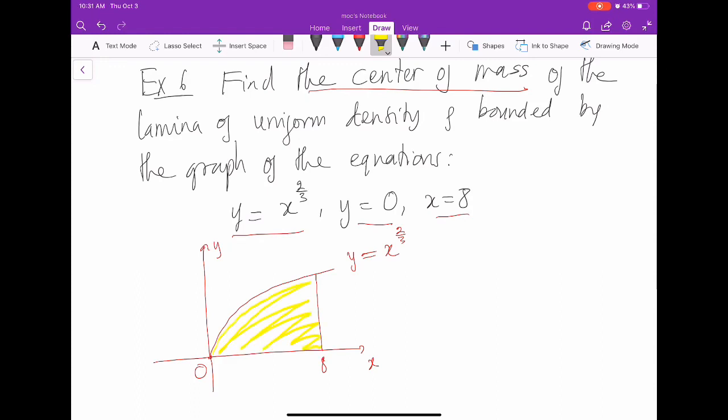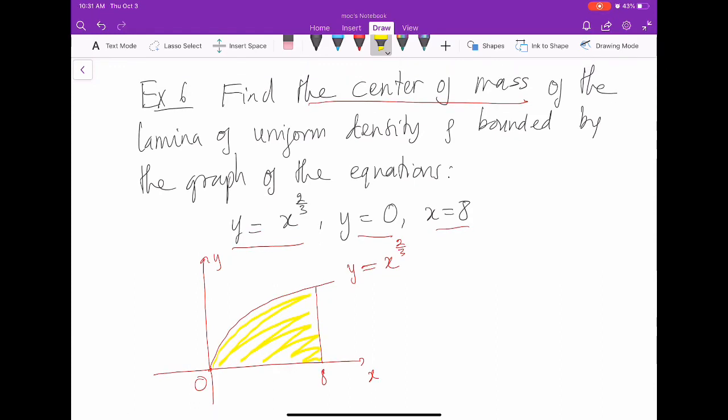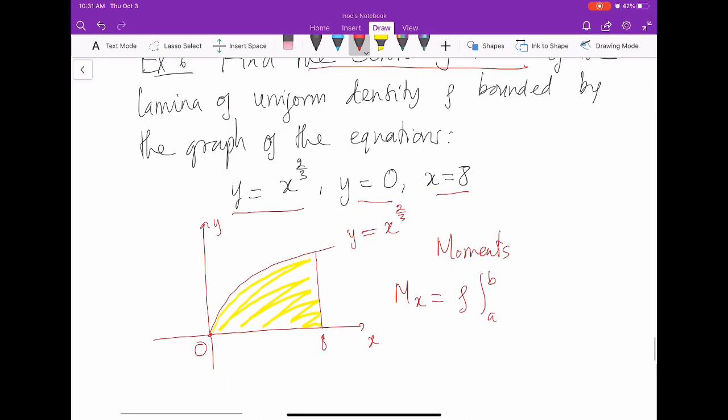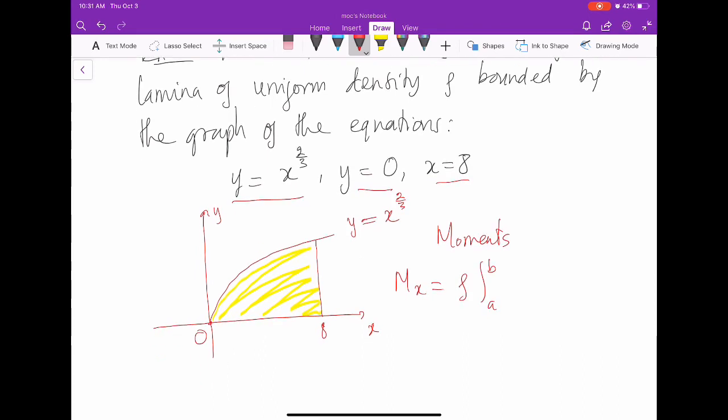And we need to find the center of mass. In order to find the center of mass, we need to find moments, right? We need to find the moment with respect to the x-axis and with respect to the y-axis. So the moment mx is rho integral from a to b of (f of x plus g of x) over 2, okay?